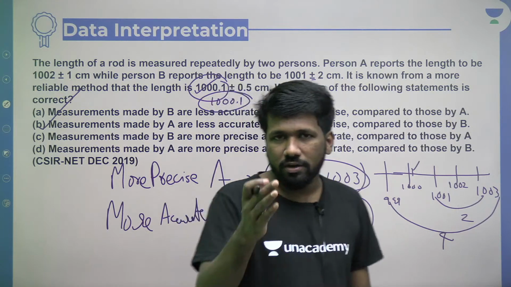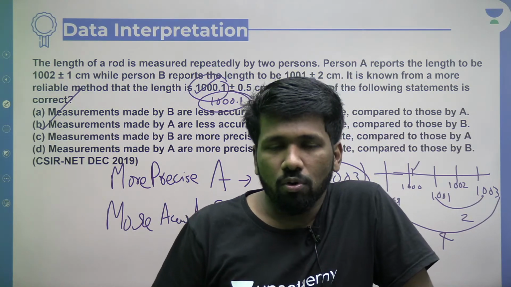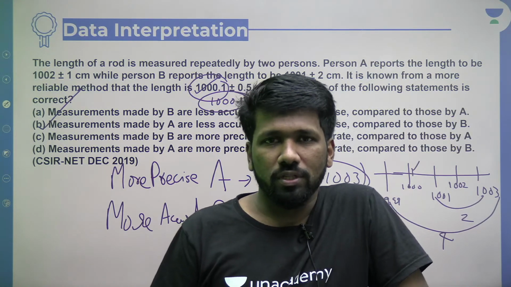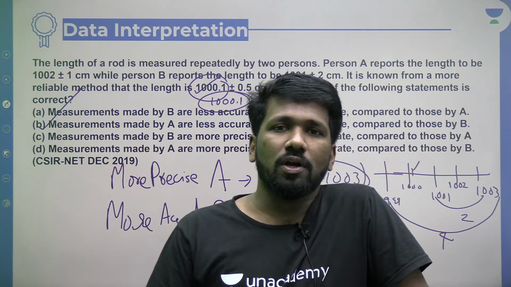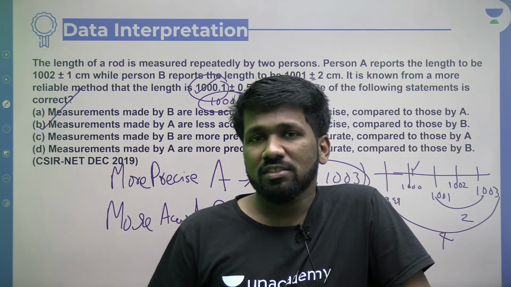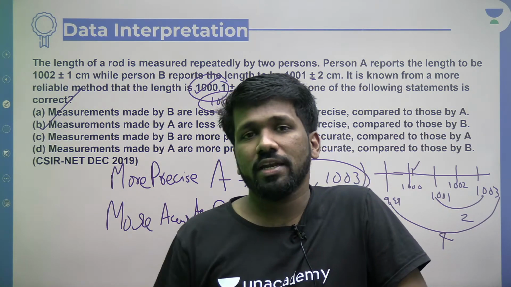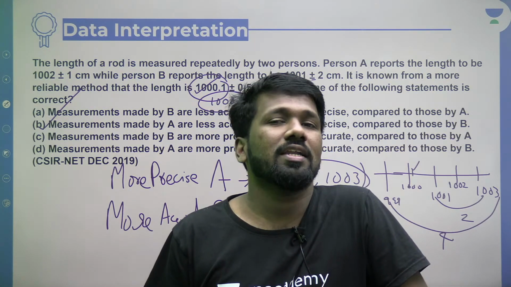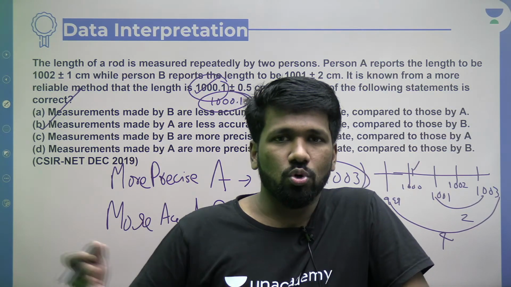As in the example I told you, if the original answer is 100.3, a student saying the answer is between 95 and 105 is better in terms of accuracy than the student who says 240 exactly is the answer, because 240 and 103 are so far apart.